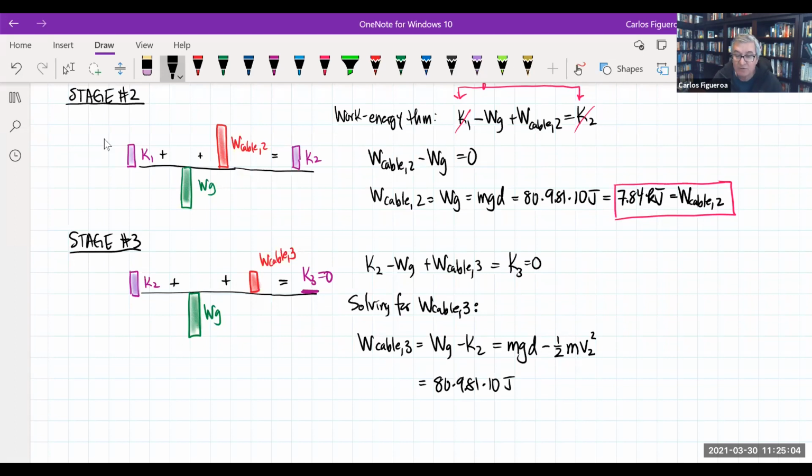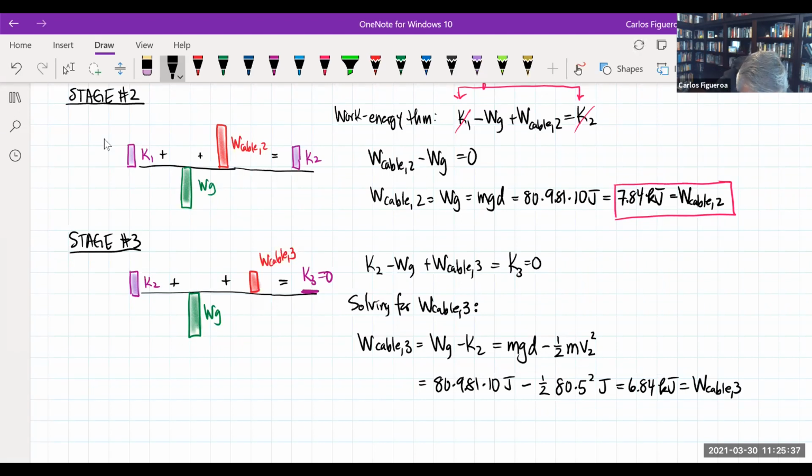So that is the work of gravity. Now I have to put in the kinetic energy term, so it's minus 1/2 the mass times 5 meters per second squared. So when I compute that, I'm going to get a value of 6.84 kilojoules for the work of the cable.